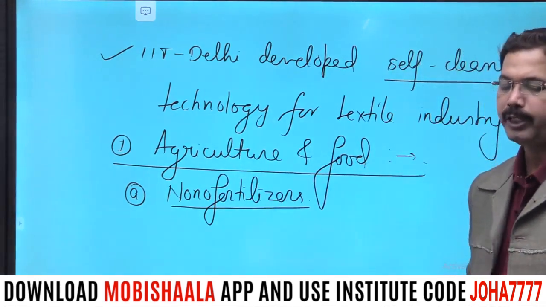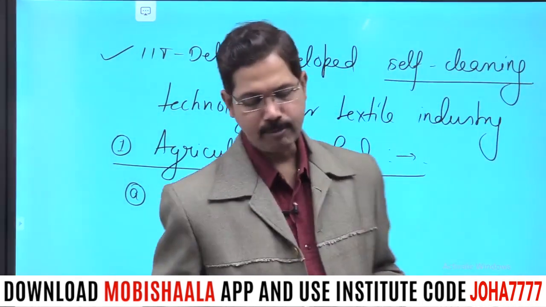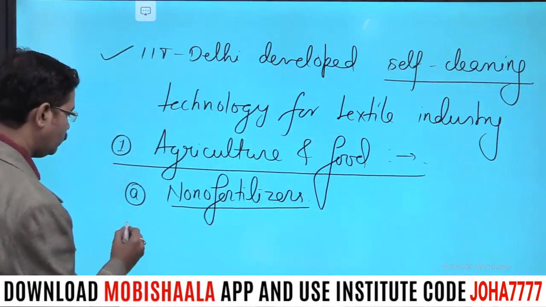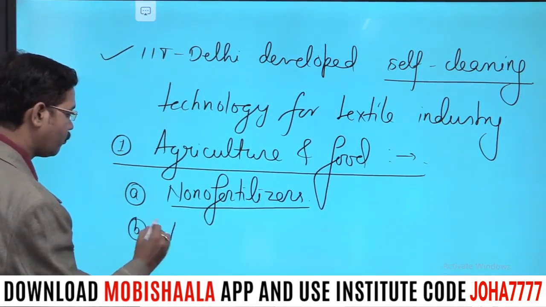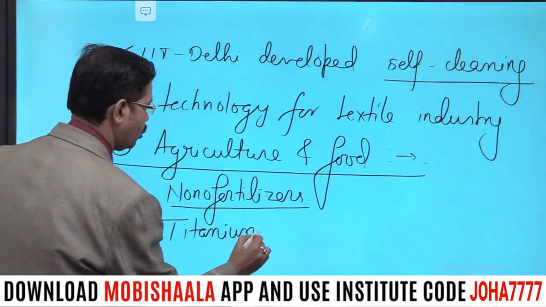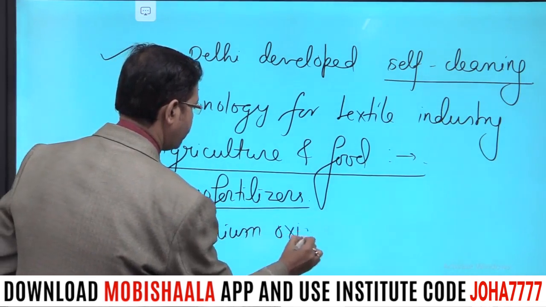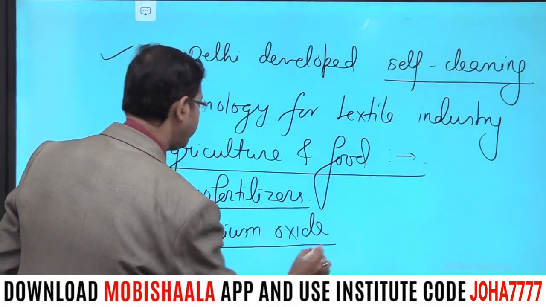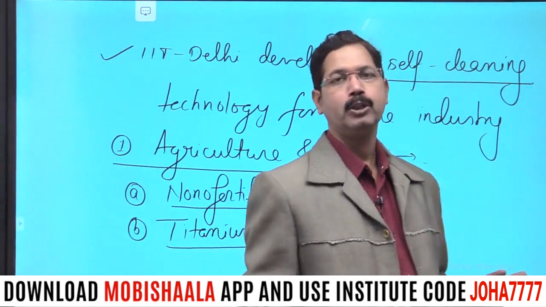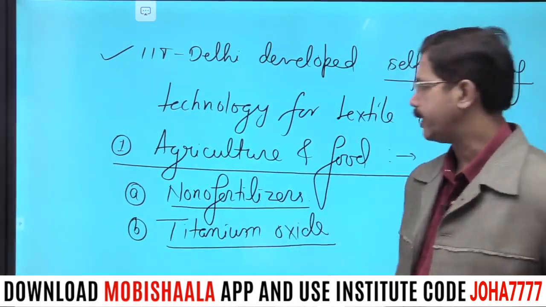And there is titanium oxide that behaves as what? Titanium oxide is an antimicrobial agent, an antibacterial agent to preserve food for a longer time.